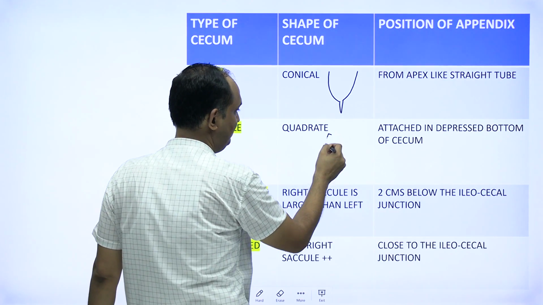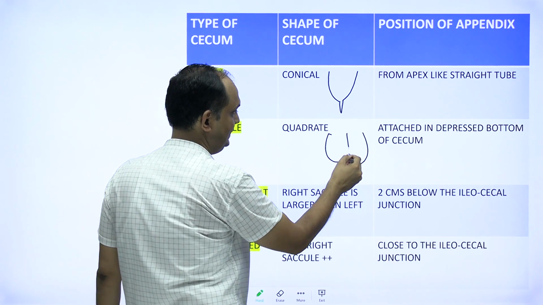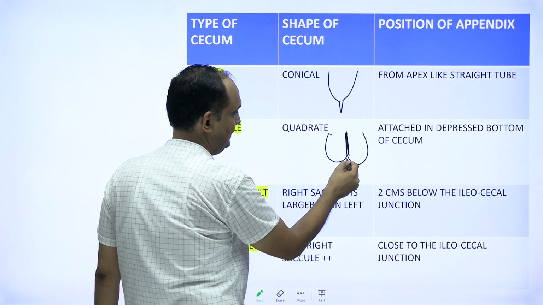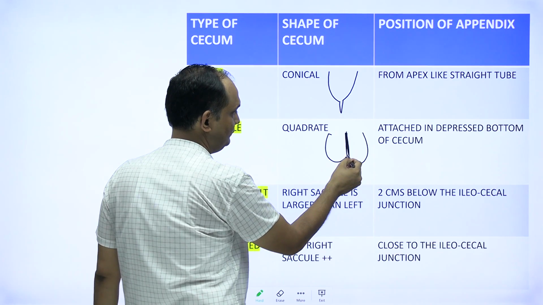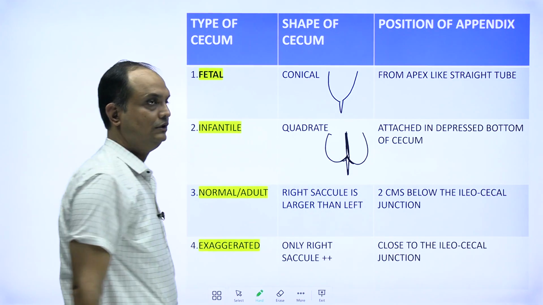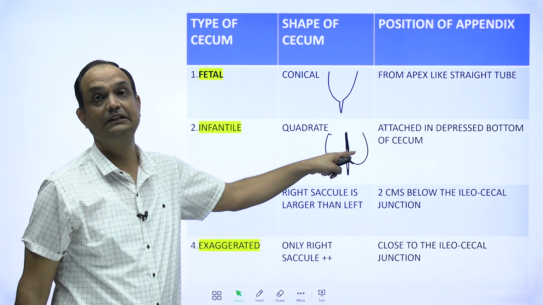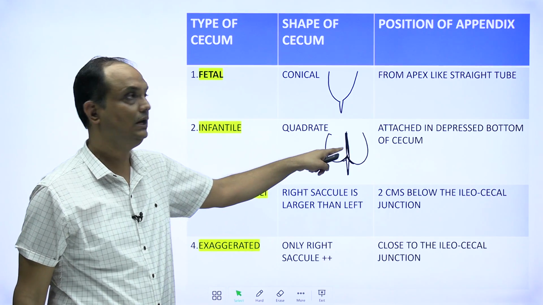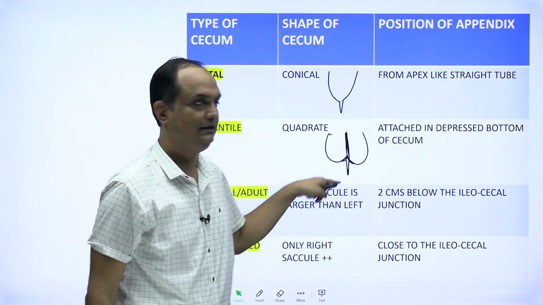That means you have the two saccules of the cecum like this, and this is the tinea which is arising here, and here you have the appendix in this concavity of these two saccules. So this is quadrate, where the right and left parts of the cecum are equal, and the appendix is attached at the bottom of the cecum.